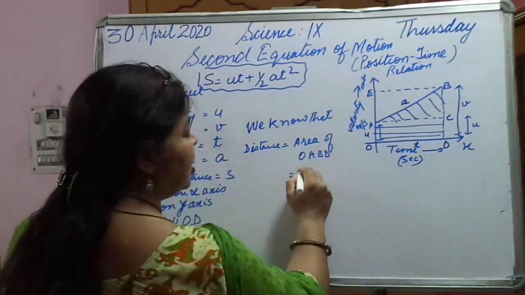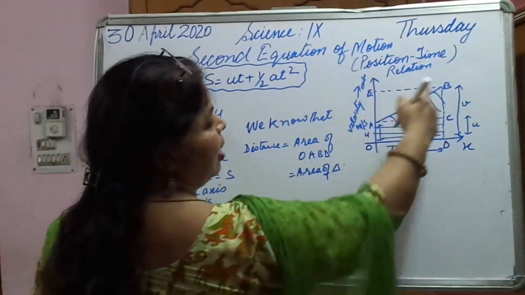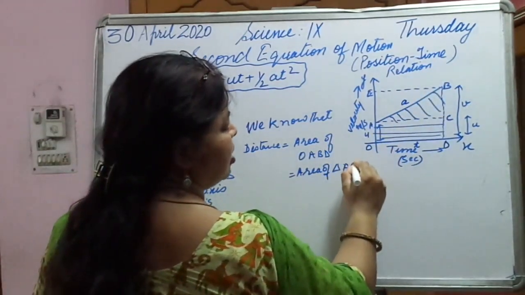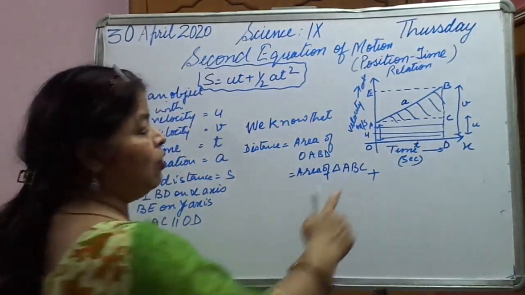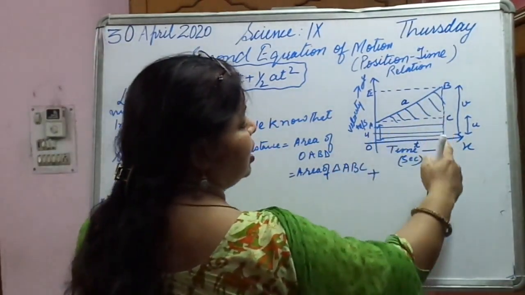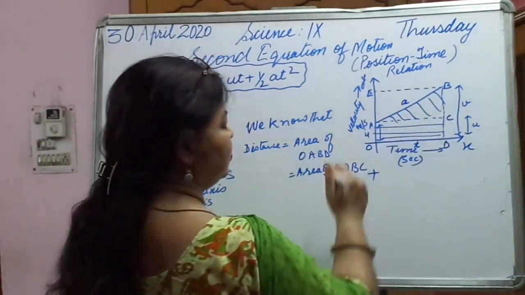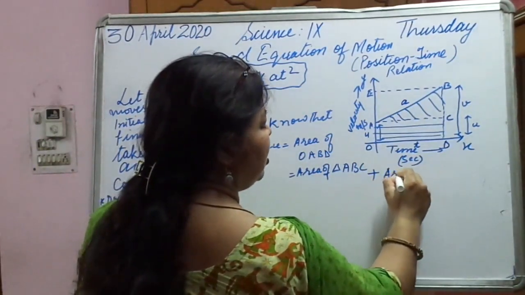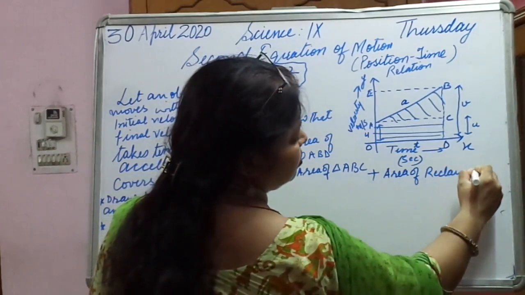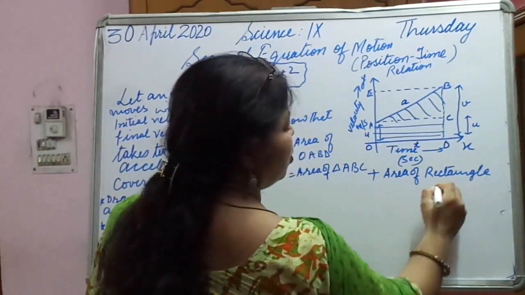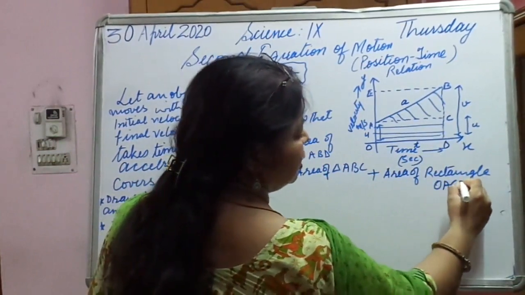So we can say area of triangle ABC plus area of rectangle ACDO, or we can say OACD.